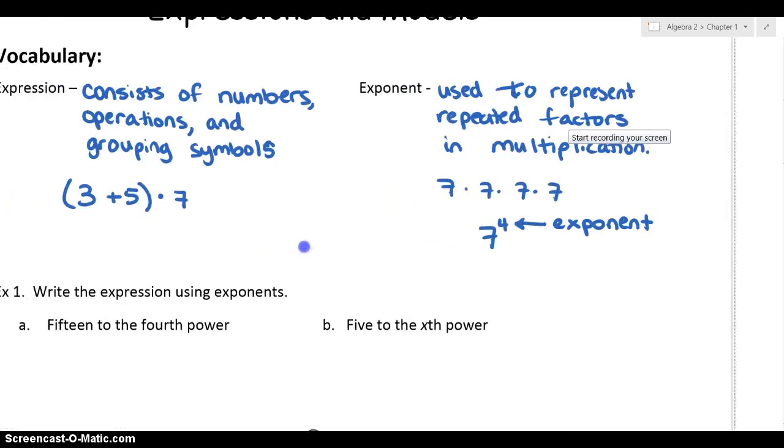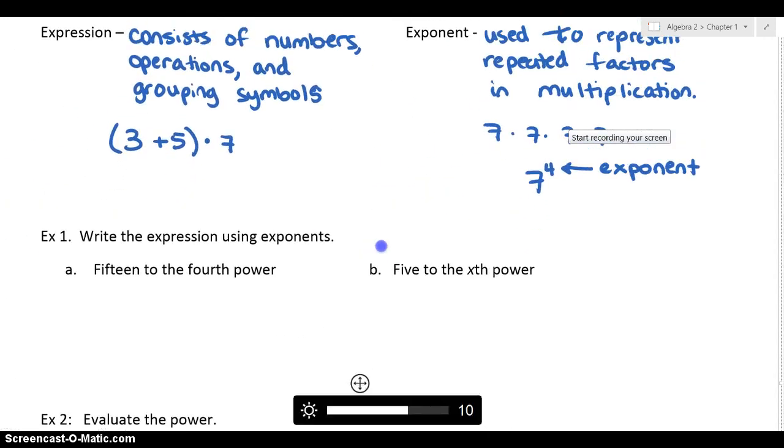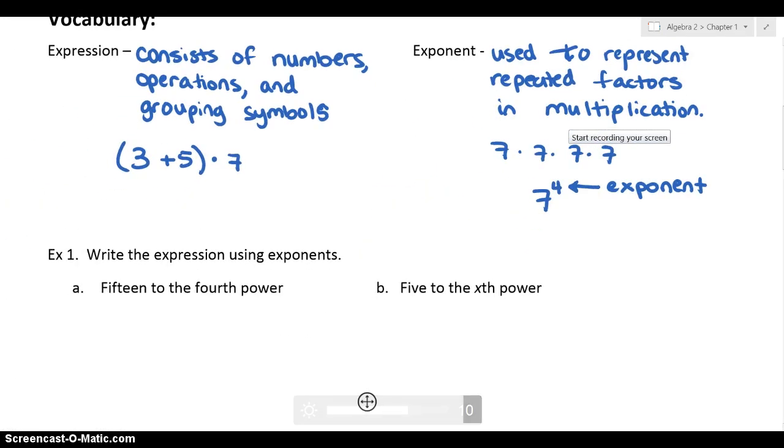Alright, let's start using some of these vocabulary words and concepts. So in example 1, it says write the expression using exponents, and it's 15 to the fourth power. As you can see, the power is the 4, and the 15 is what we call the base. So you're going to realize how I write the base and how I write the power.